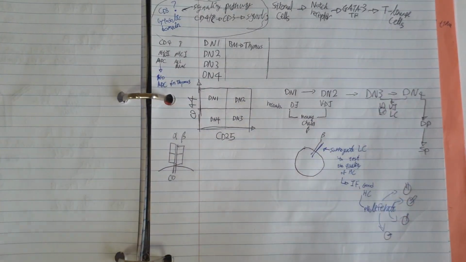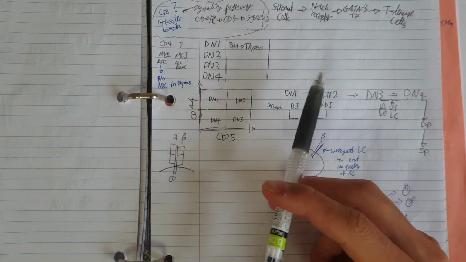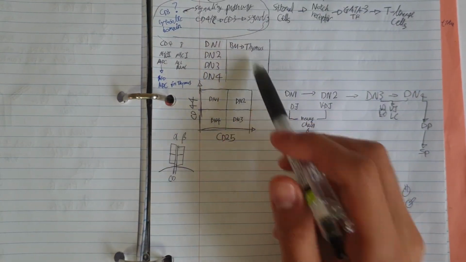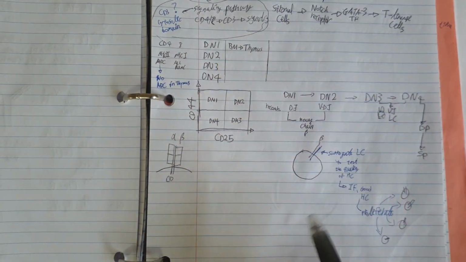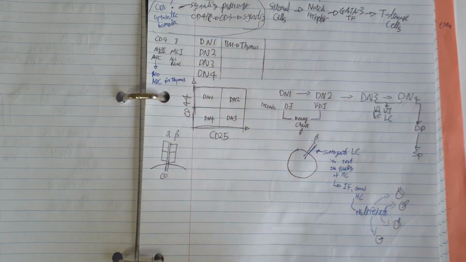So to talk more about the double negative, there are 4 steps. At double negative 1, that's when it goes from the bone marrow to the thymus, and then other stuff happens within the thymus.